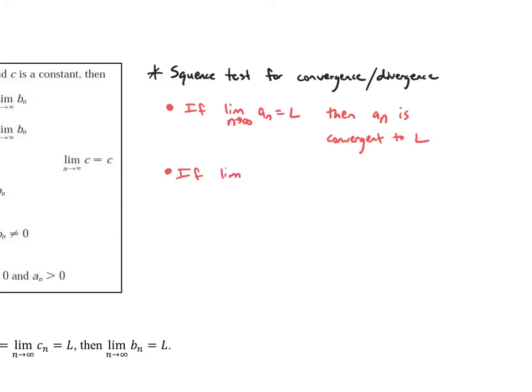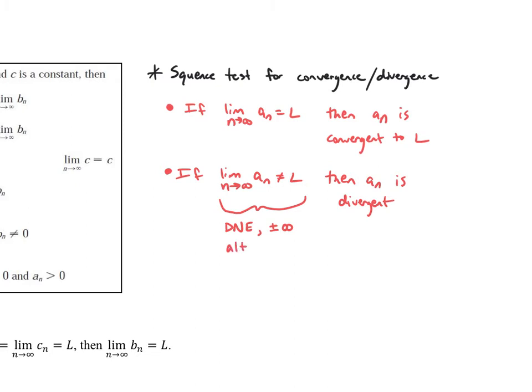If the limit as n goes to infinity of a sub n is not equal to L, and I'll give you conditions of that, then a sub n is divergent. Now, what are some conditions for which this is true? Well, what if we had a non-existent limit? Maybe we had a positive or negative infinity as a result of the limit.